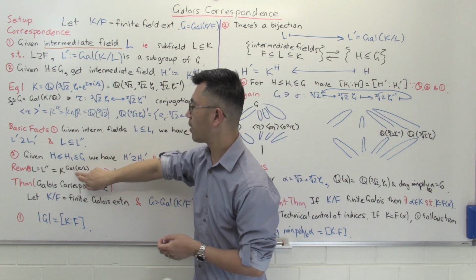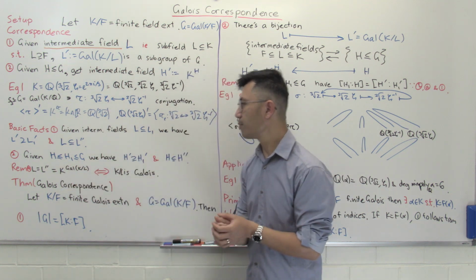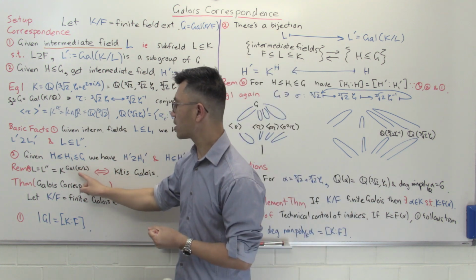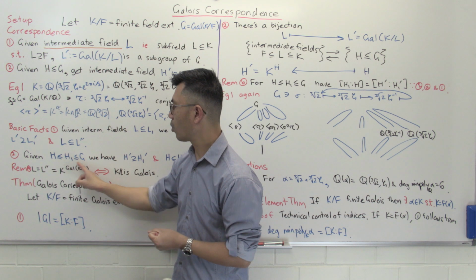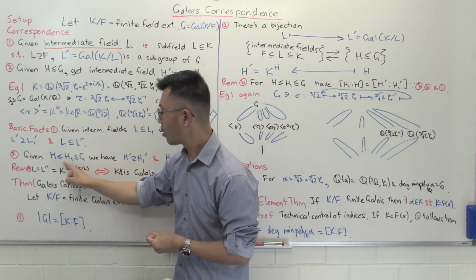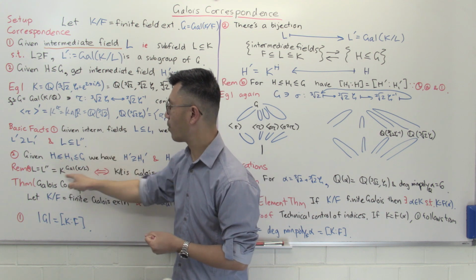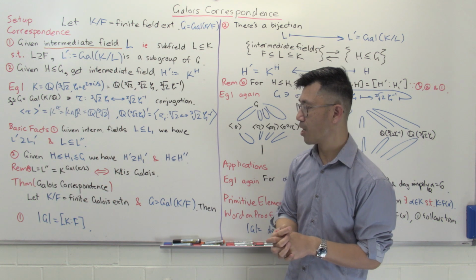So it's K fixed by the Galois group of K over L. And of course, one of the things that we saw is that all the automorphisms here certainly fix L. So the fixed subfield certainly contains L. So this L double prime that we have here contains L. That's one direction that you have there.